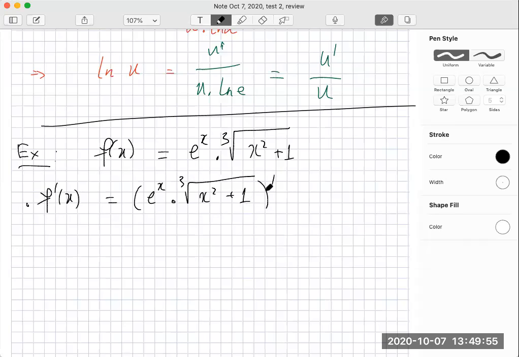Which formula should we use here? Yes, the product rule. And what do we have? Very good. Let us write it slowly. Plus, what is next? Again, please.